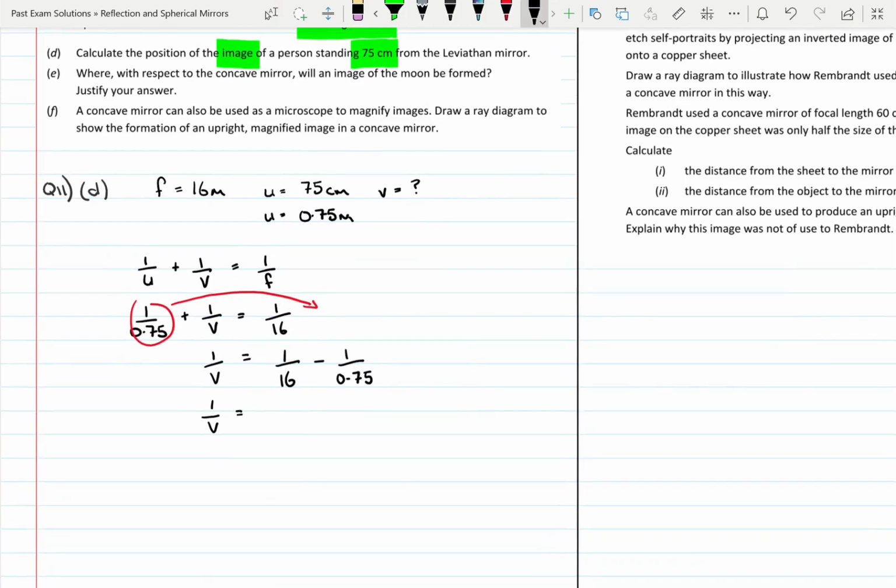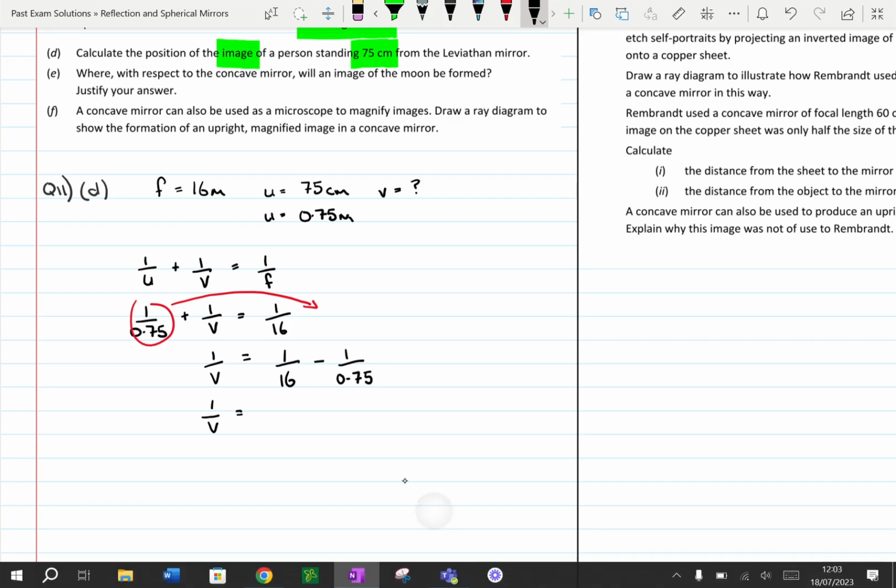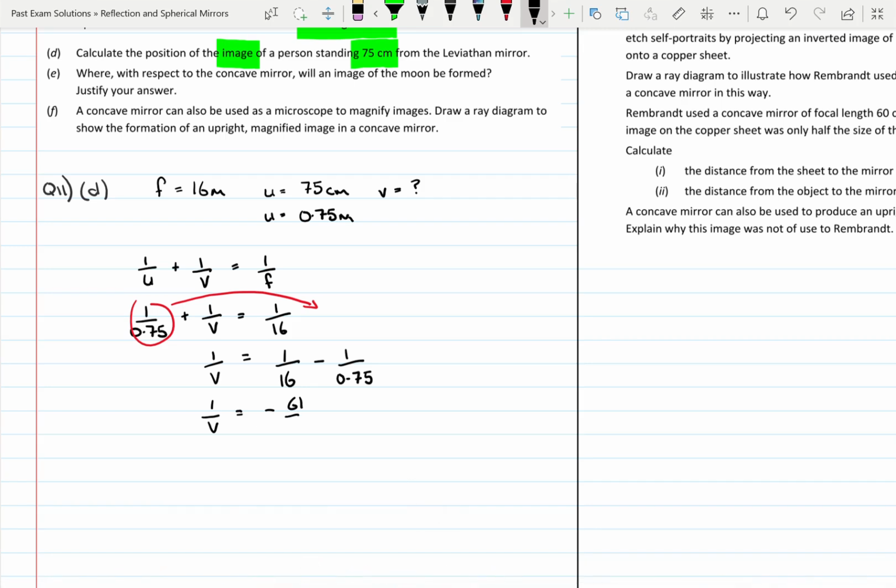At this point now, guys, just grab the calculator. And we're getting minus 61 over 48.